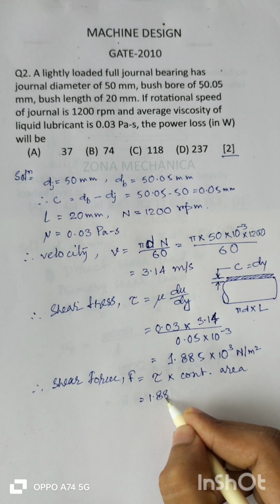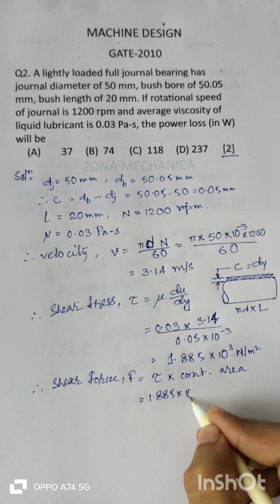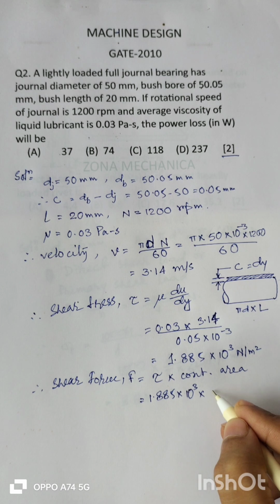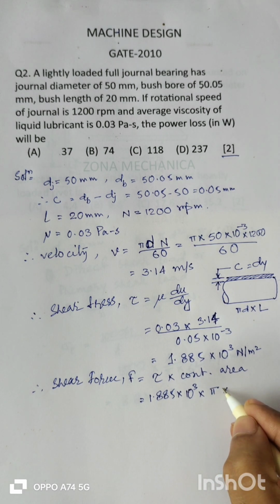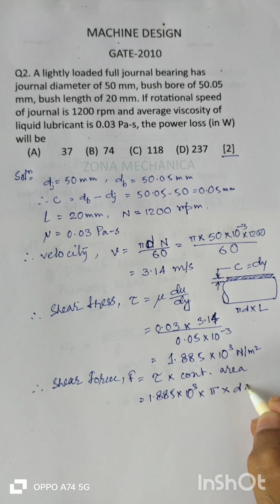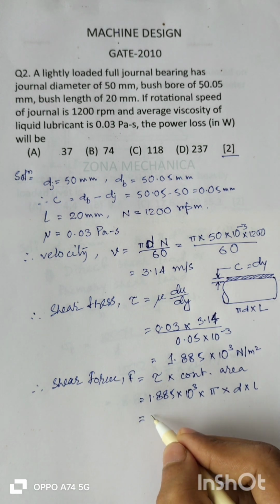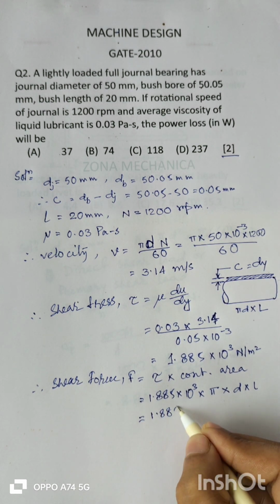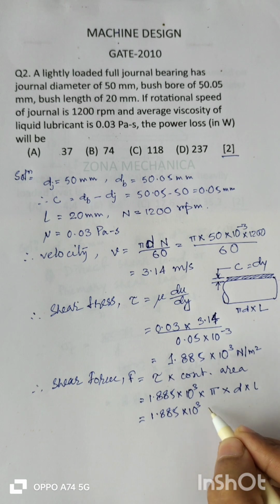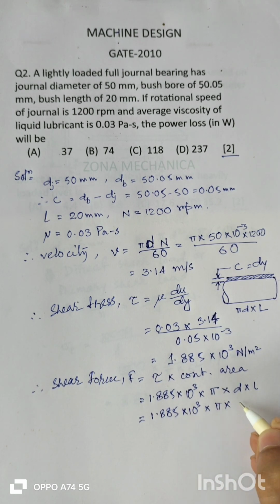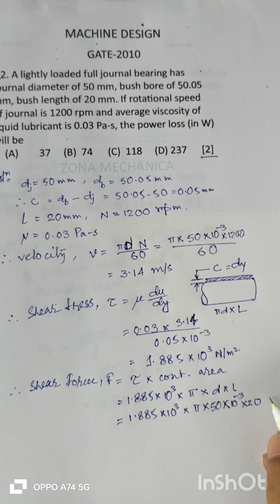So 1.885 multiplied by 10 to the 3 multiplied by pi into d into L: pi multiplied by 50 multiplied by 10 to the power minus 3, since this is in mm, and L is 20 multiplied by 10 to the power minus 3.